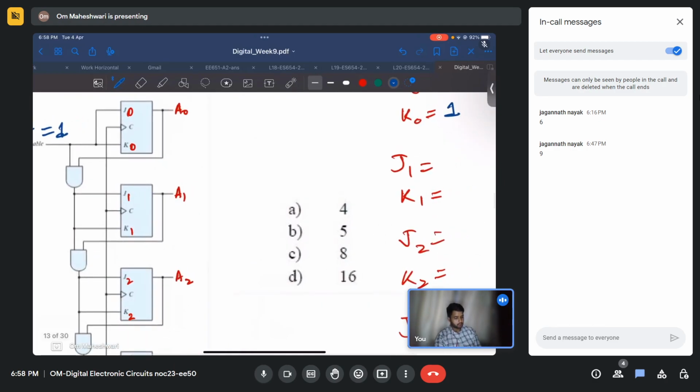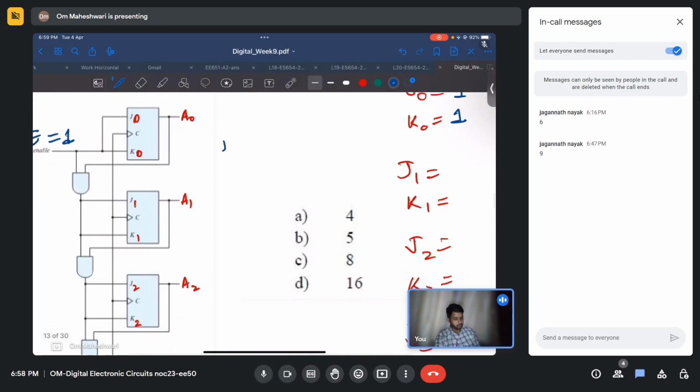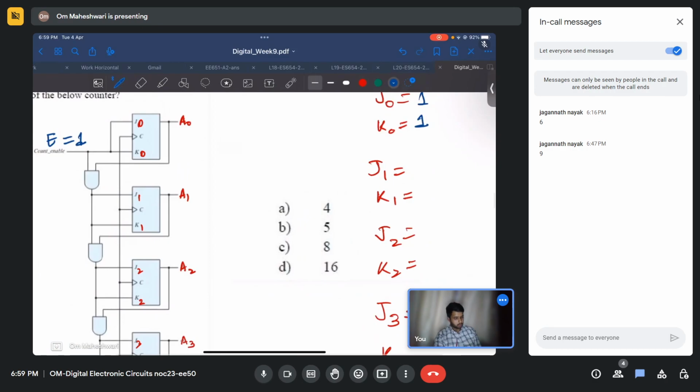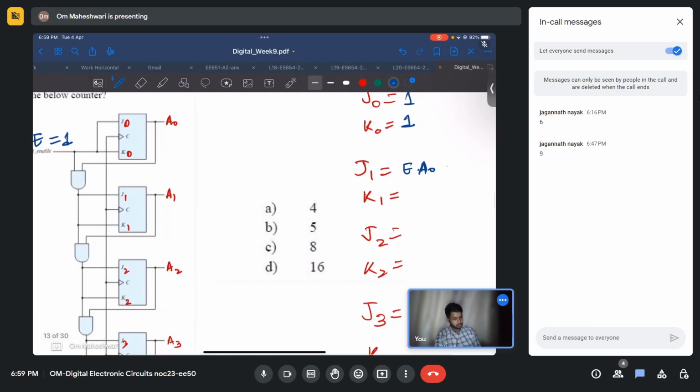J1, K1 is E dot A0, and E is always 1, so it is A0.